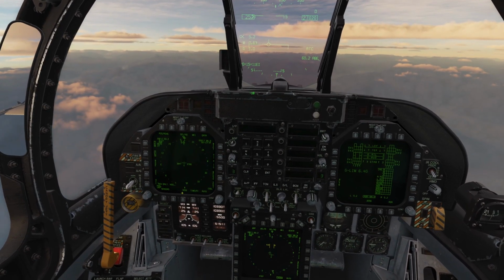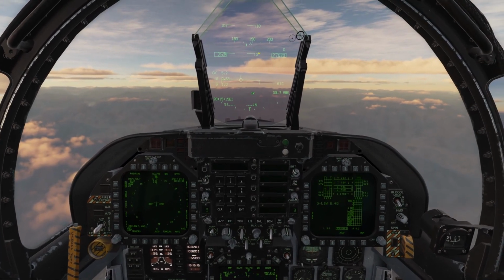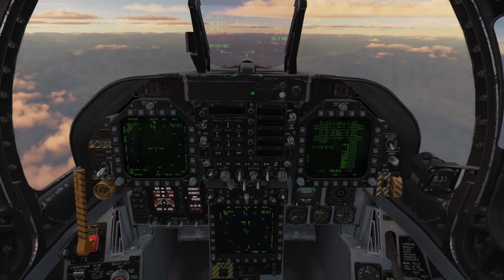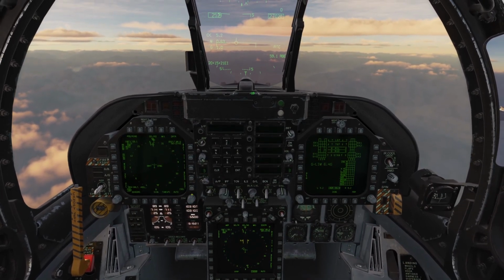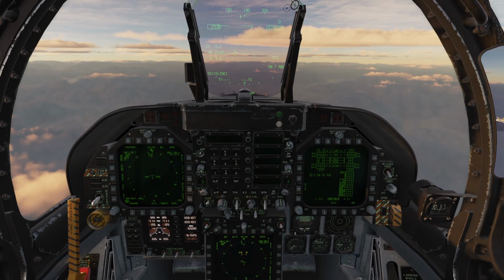Marshal, Fist 407 checking in. 407, Marshal, go ahead with your lineup. Marshal, Fist 407 is a single F-18 marking your 010 radial at 60 miles. Angels 27, stay 10.3.